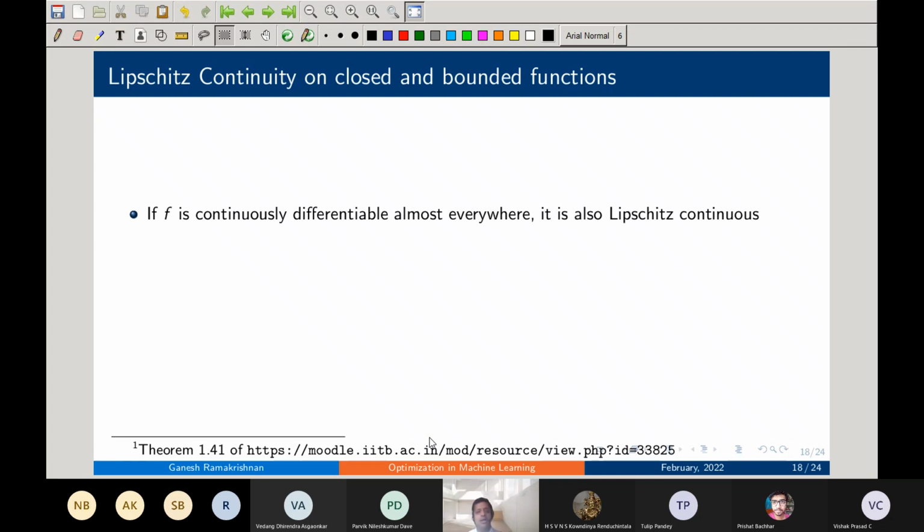If a function is continuously differentiable almost everywhere, it is also Lipschitz continuous. So we said that the one norm of x is differentiable almost everywhere. It turns out that it's also Lipschitz continuous. So Lipschitz continuity is something we get a little easily. Of course, this is for functions going from Rn to R.